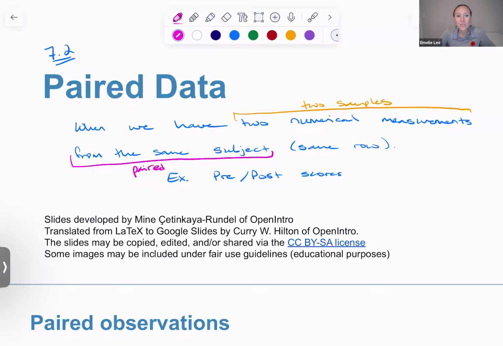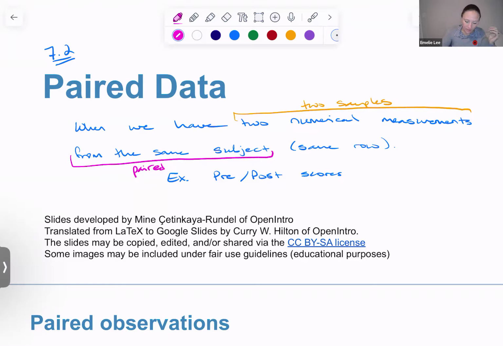There are kind of extreme situations where they're not necessarily on the same subject, but similar subjects. And so then you want to treat them as pairs, such as if you have twins, right?